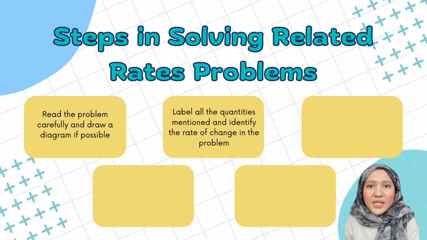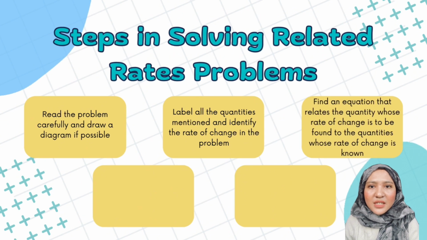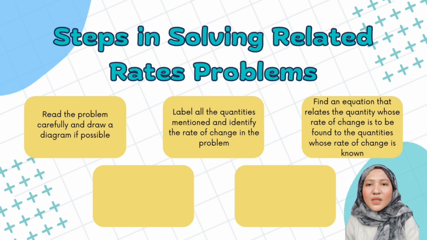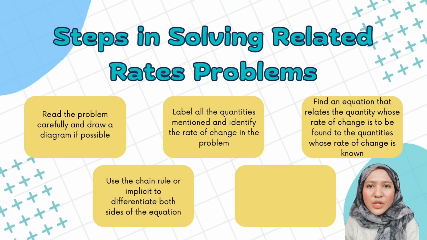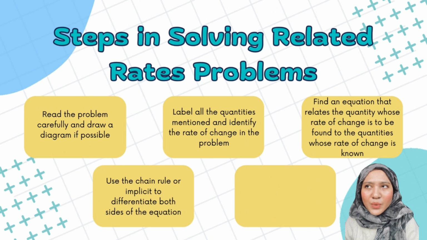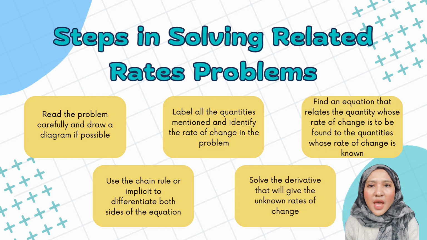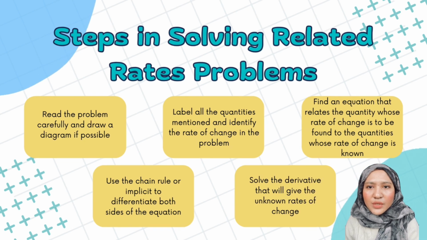Third, find an equation that relates the quantity whose rate of change is to be found to the quantities whose rate of change is known. Fourth, use the chain rule or implicit differentiation to differentiate both sides of the equation. And lastly, solve the derivative, which will give the unknown rate of change.